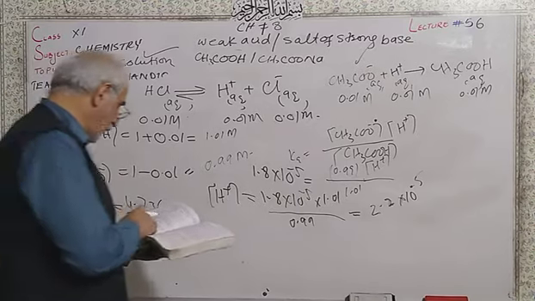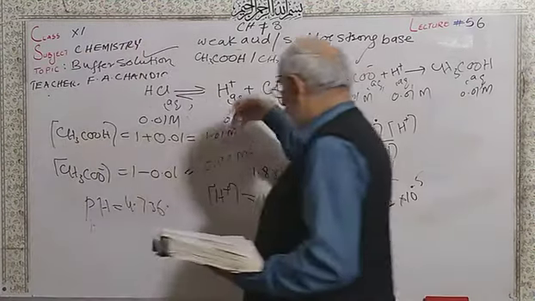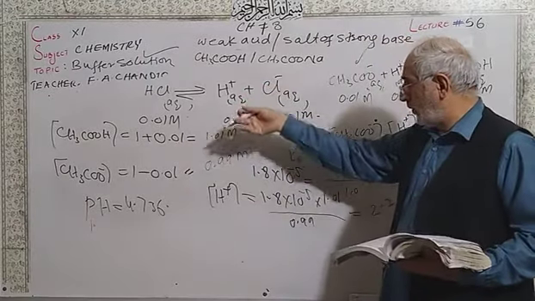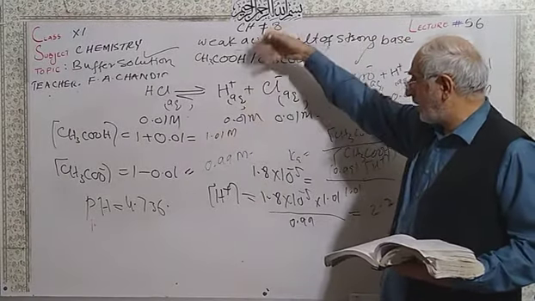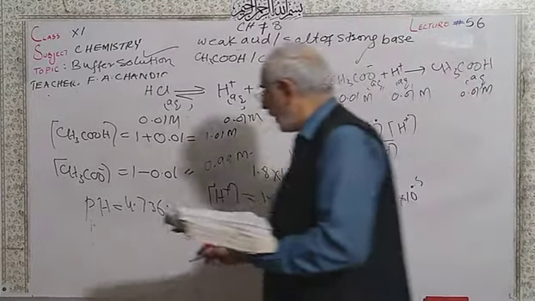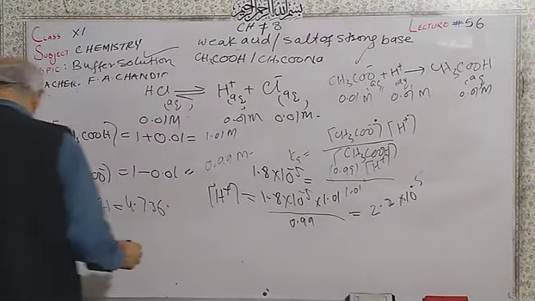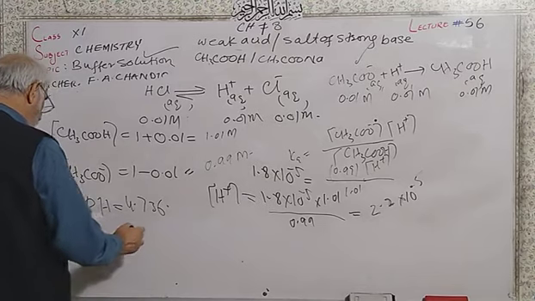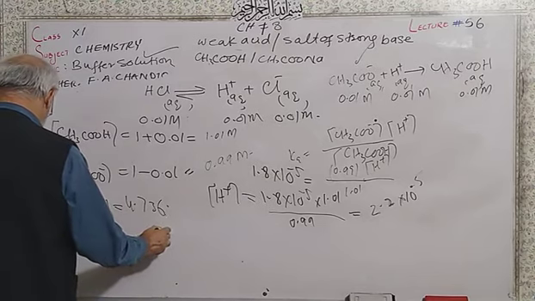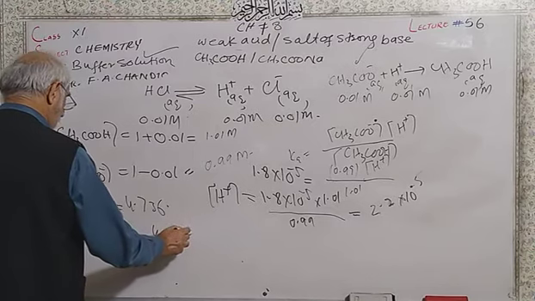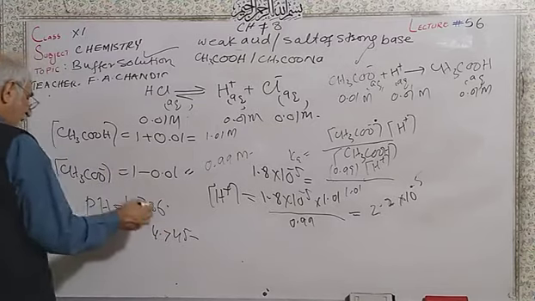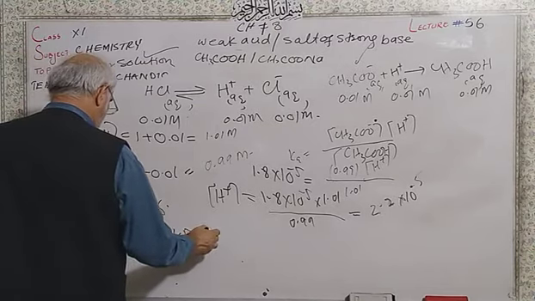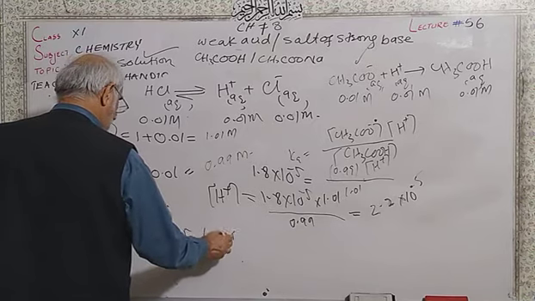So dear students, before, when we had not added HCl, with concentration 1 each, the pH we calculated before was 4.745. After addition of HCl, it is 4.736.